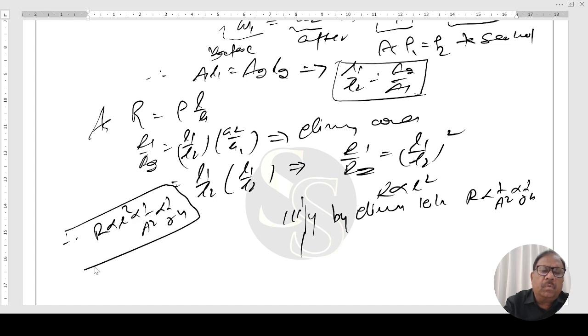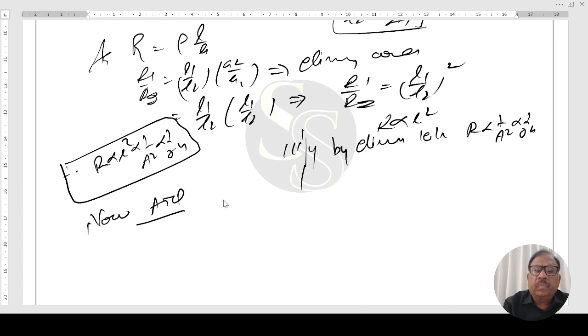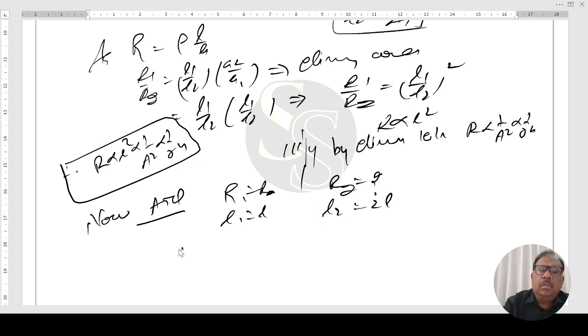Now, according to the question, R1 equal to R, R2 we have to find out, L1 equal to L, L2 equal to 2L. Therefore, R2 over R1 equal to L2 over L1 whole square.